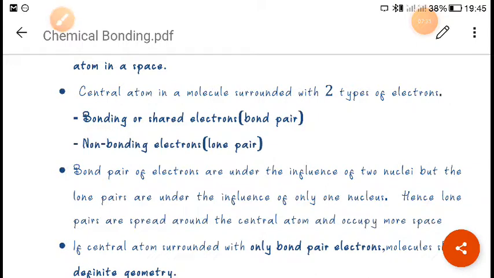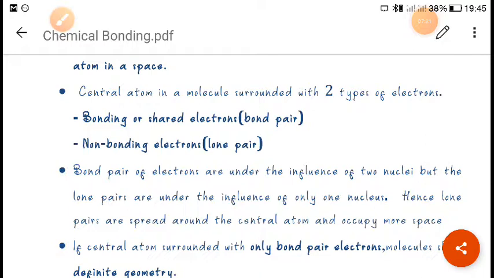So now next is what? If the central atom, listen carefully, if the central atom is linked to similar atoms, and if it is surrounded by a bond pair of electrons only, at that time the repulsion between them will be similar.